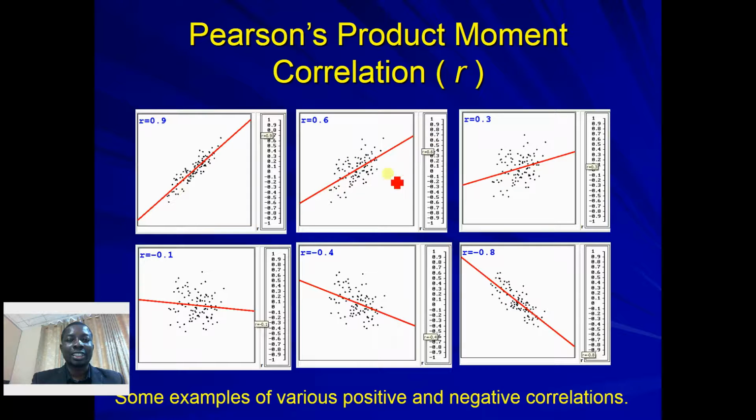The line of best fit is indicated by the red line. This one is negative, and this one too is negative. But as the points scatter widely or are widely dispersed, you realize that the correlation coefficient reduces. And when they are closer or clustered around a particular line, you realize that the correlation coefficient is high.